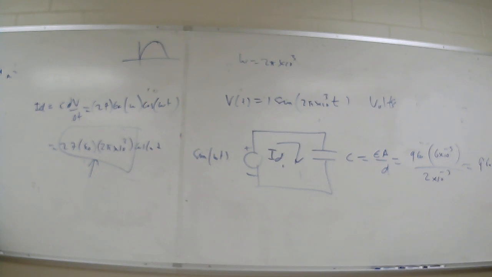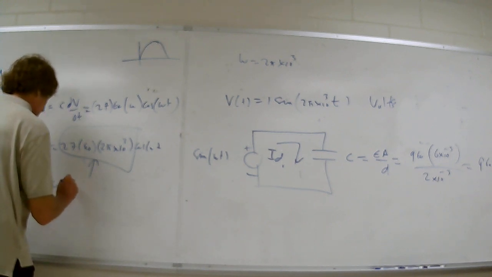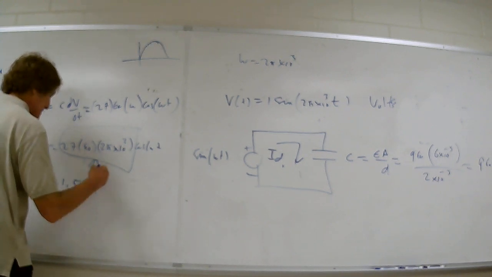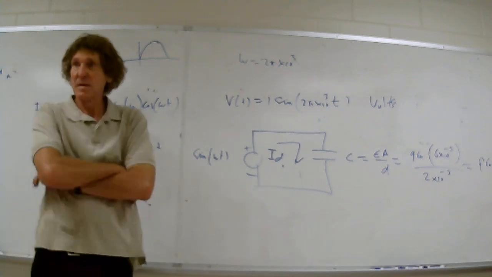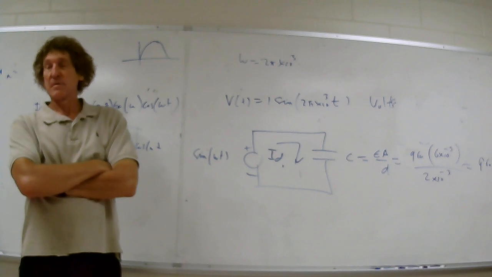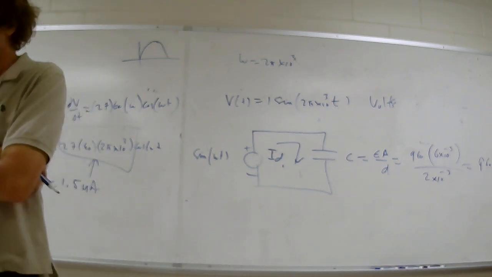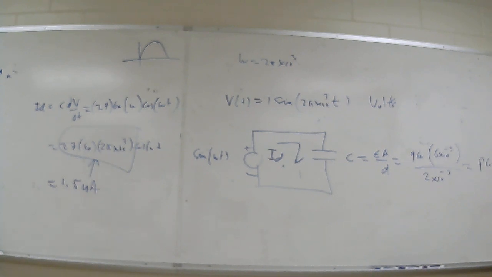It's going to be 1.5 microamps times the cosine. What does he have in the answer? I don't know. What's the number? 524. Cosine, and then I guess you can just sub omega back in. That's where you go.